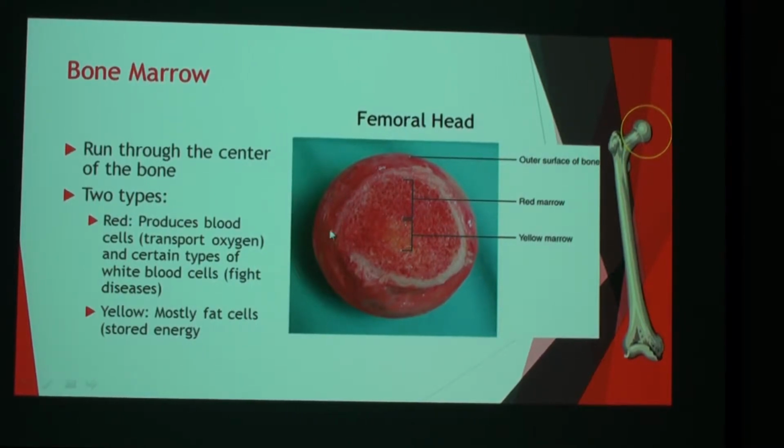Right here we see the outer surface of the bone, and then on the inside we see what the red marrow looks like, right here where the arrow is pointing. And also we have the yellow marrow, which is this right here, which looks more orange yellowish, and it's more at the center of the canal.